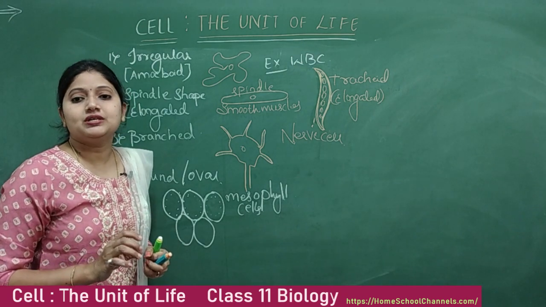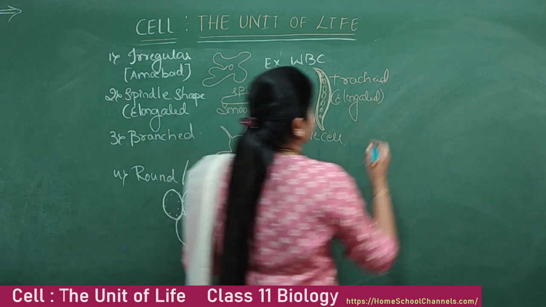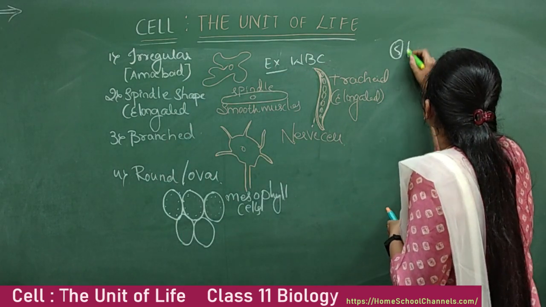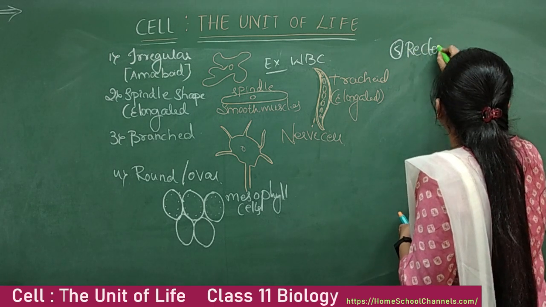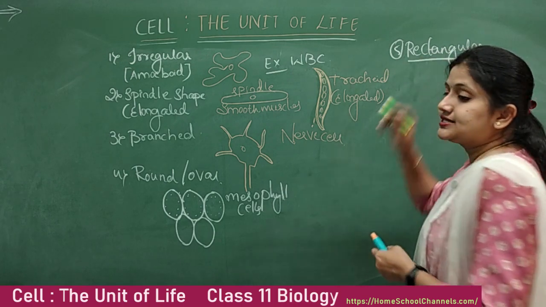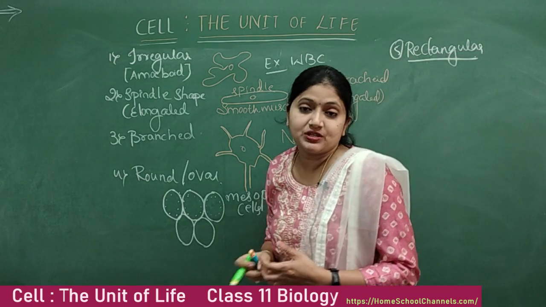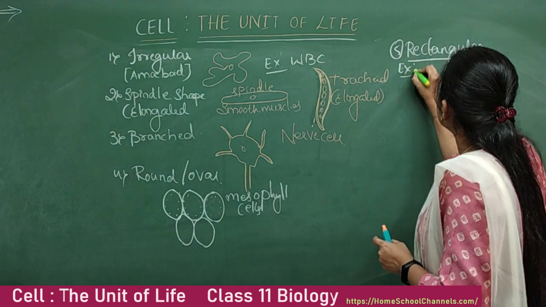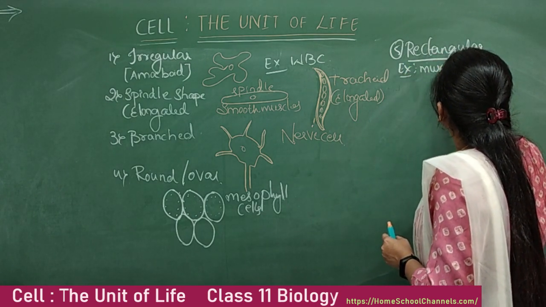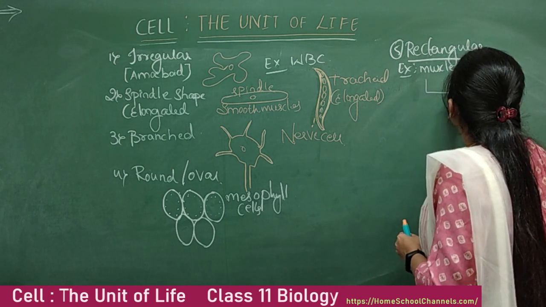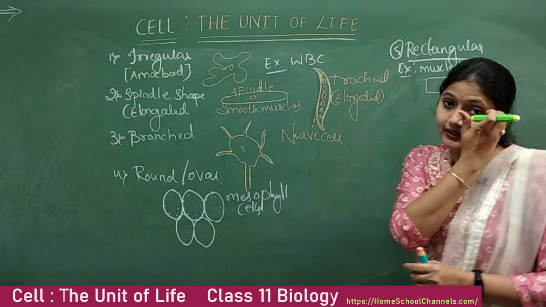Then another shape is the rectangular shaped cells. So four are completed. Fifth one, rectangular shaped, and an example for the rectangular shaped cell is a muscle fiber. Okay, example is muscle fiber. And what is a rectangle? This is a rectangle.